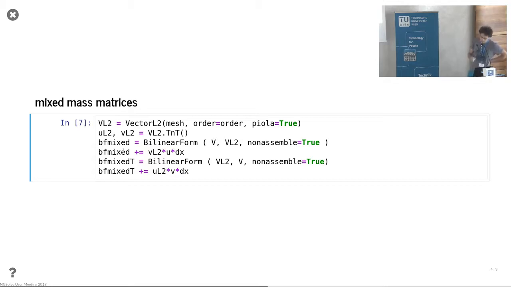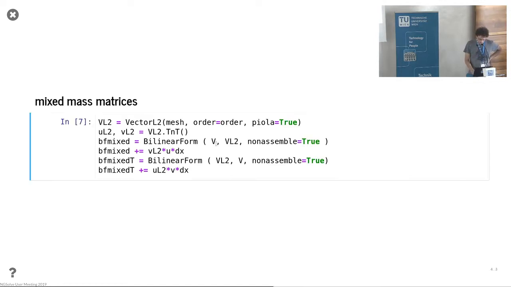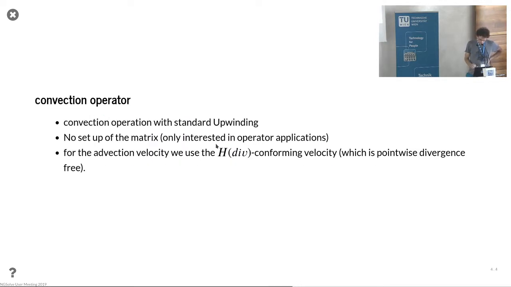So we have the vector L2 space, which is the space in which we want to apply the convection operator. And then we have these mixed bilinear forms, which involve functions from the product space of the complicated Stokes discretization and the vector L2 space. We want to apply the standard convection discretization by upwinding.